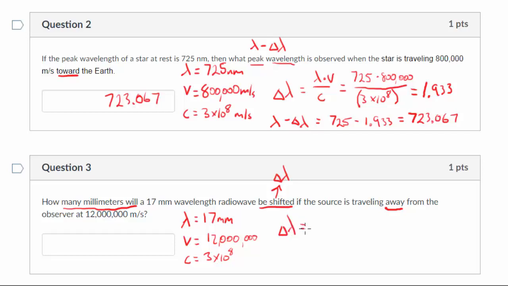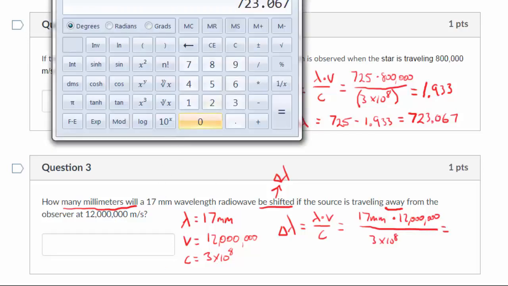Delta lambda equals lambda times v divided by c. And I'll just plug in my values here. 17 millimeters times 12,000 divided by 3 times 10 to the 8. All right, and this will give me the change. Let's see what we got.